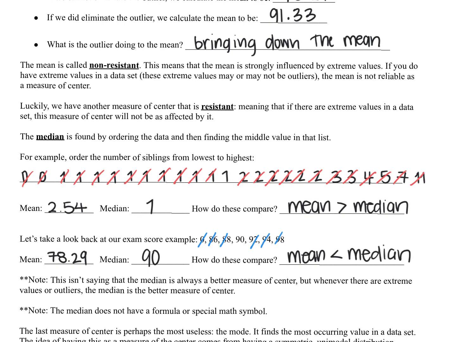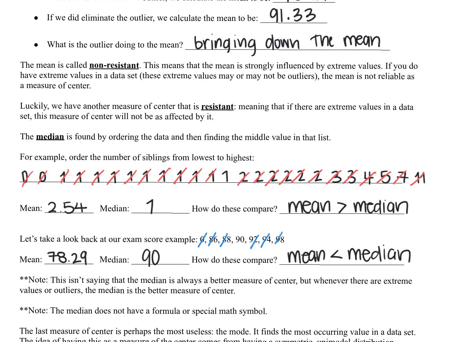Now, if I had gotten rid of the outlier and calculated the mean, it would have been a lot closer to my median, which wouldn't have been 90, it would have been 91 because I would have only had 6 numbers, but 91.33 and 91 are pretty much the same number when we're talking about finding mean and median.